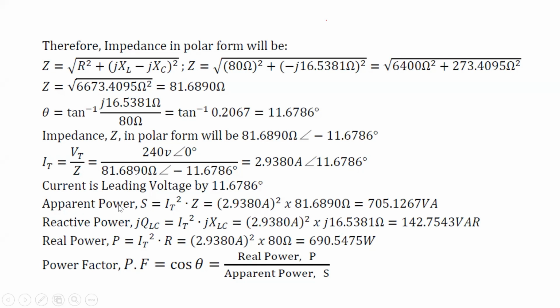So apparent power is equal to S equals I of T squared times impedance. I of T, the total current squared, times impedance, and we have it to be 2.8980 squared times 81.6890.